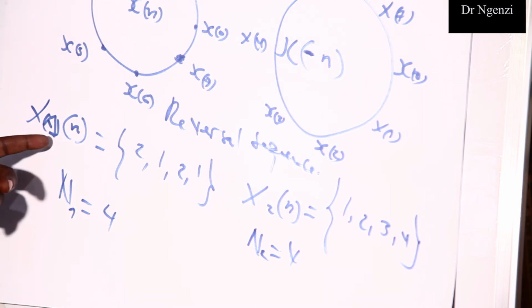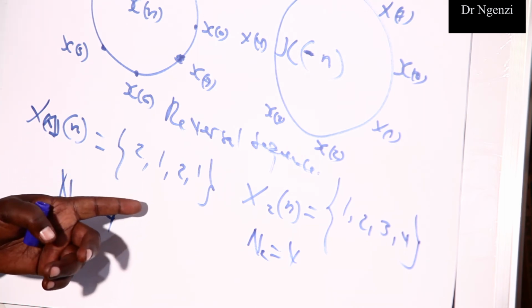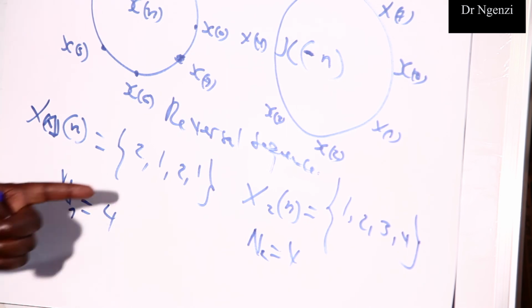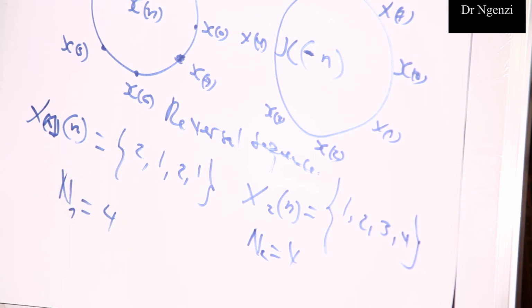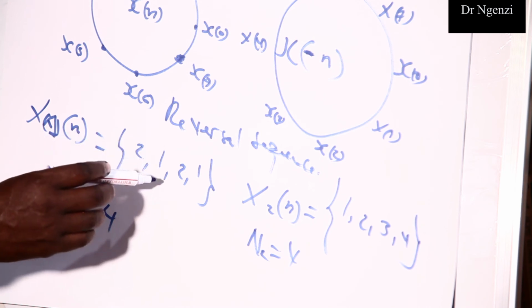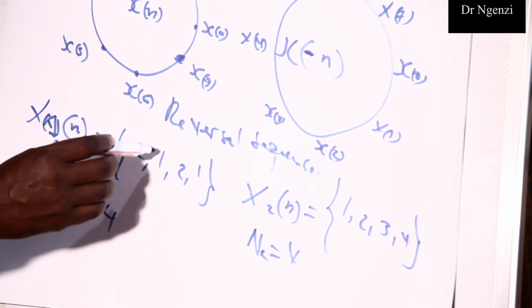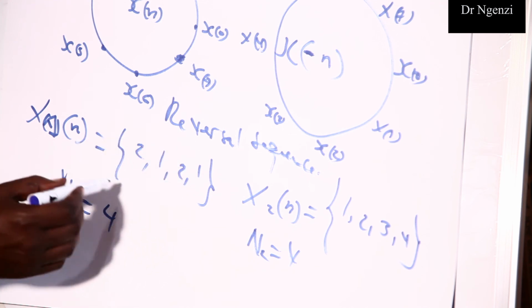This one, for example, is going to be periodic in this case, because after one number, it becomes the other number. After 2, it jumps and becomes 2. Then after 1, it jumps to 2. This is a periodic signal.